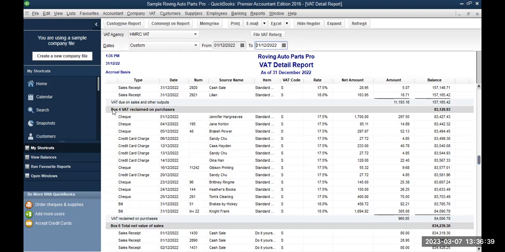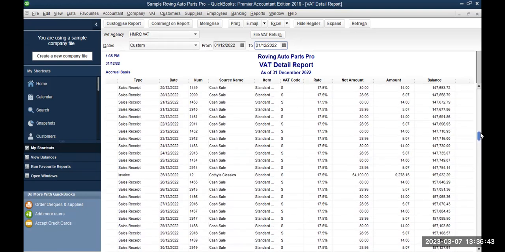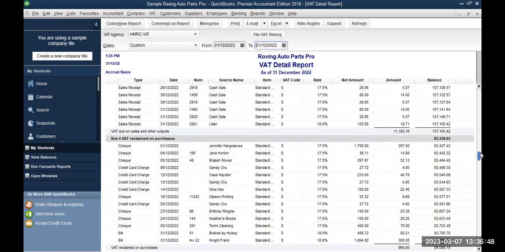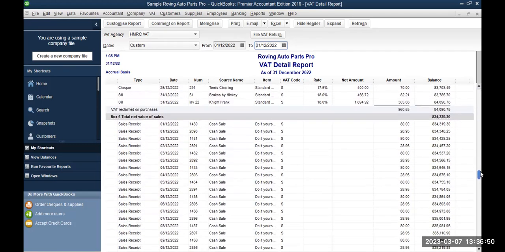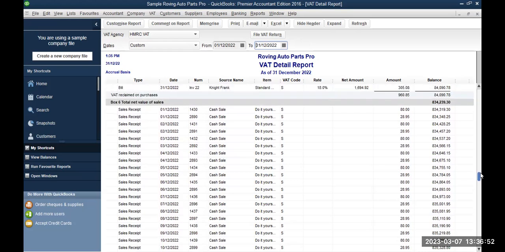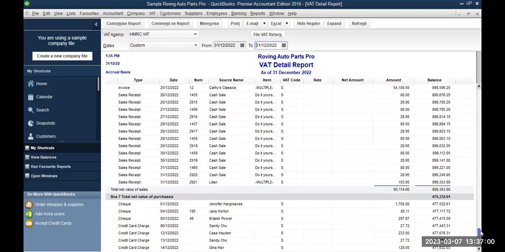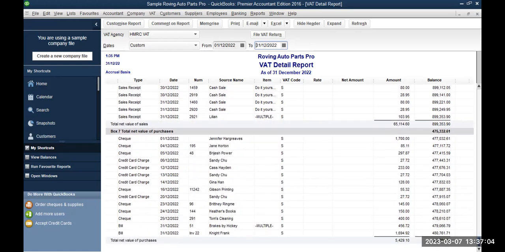So this is box 4, and this other one is box 1. Now, the rest of the details is just giving you the total of your net amount, the total of your net sales, net of VAT. The total here is $65,000, and the net for purchases is $5,000.